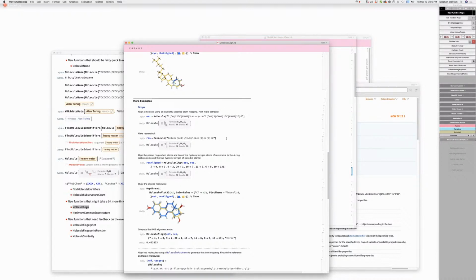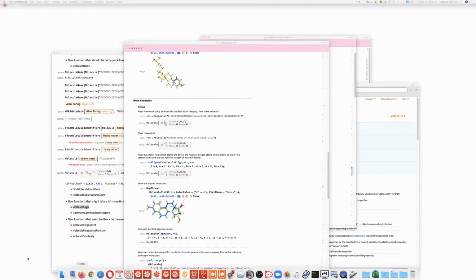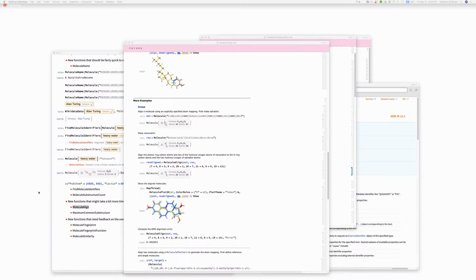Okay. So what does this mean? Which pieces of the molecule? Is this sort of preparatory? The way it works, you give it a molecule as a reference, and one or more molecules will get aligned to it. You have to specify which atoms are important for the geometric comparison. That's the third argument.